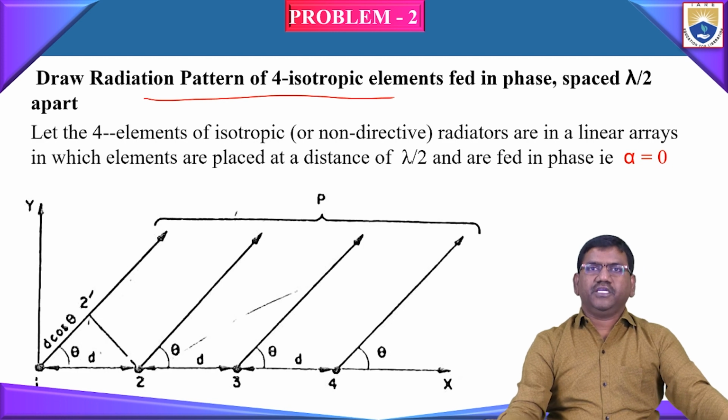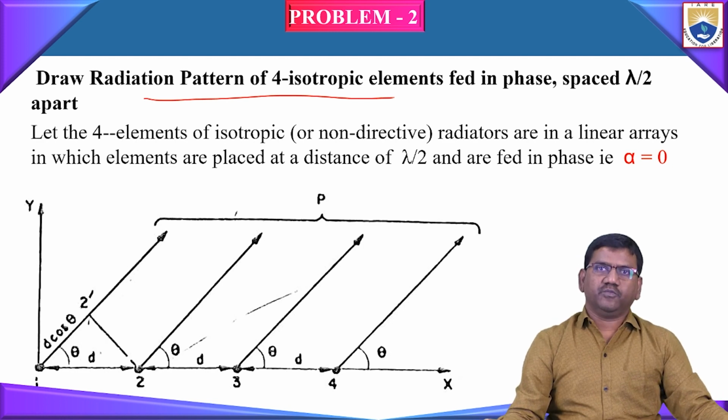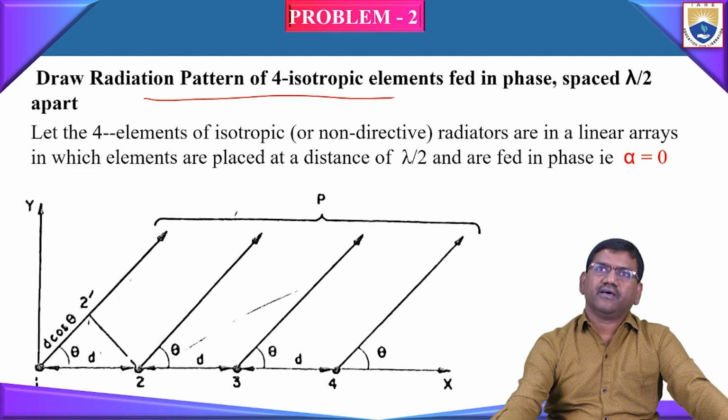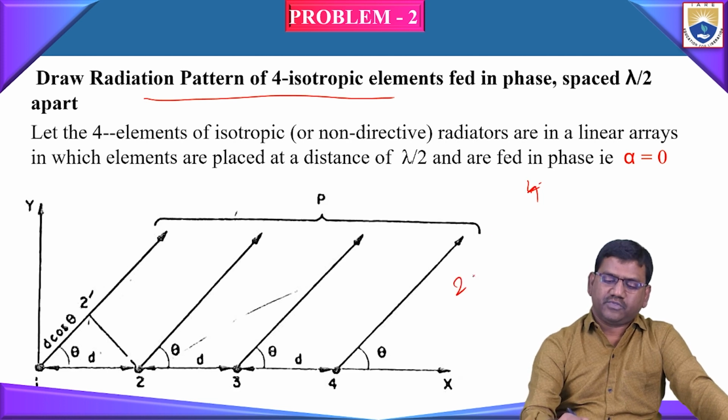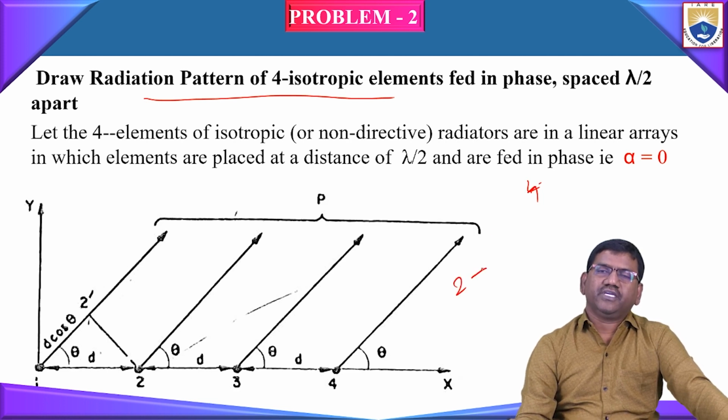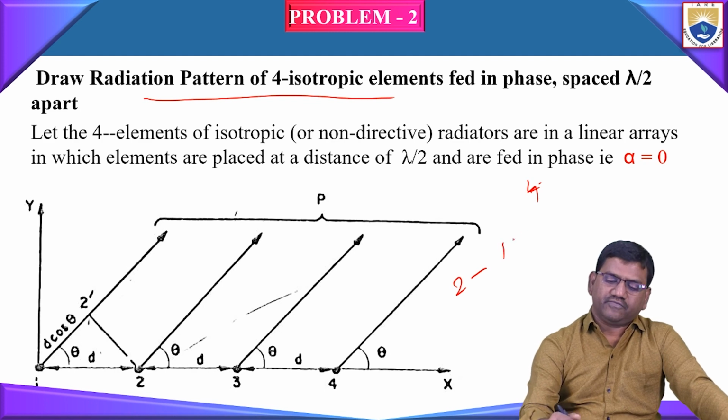So when we combine elements, we call it one group pattern. So here there is a significance of a group pattern. Suppose there are 2 elements. If we combine 2 elements, we call it one group pattern.